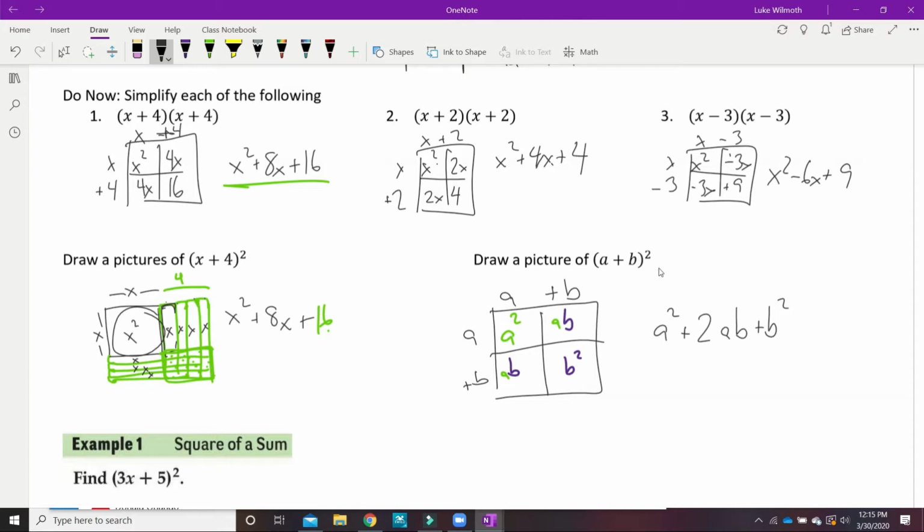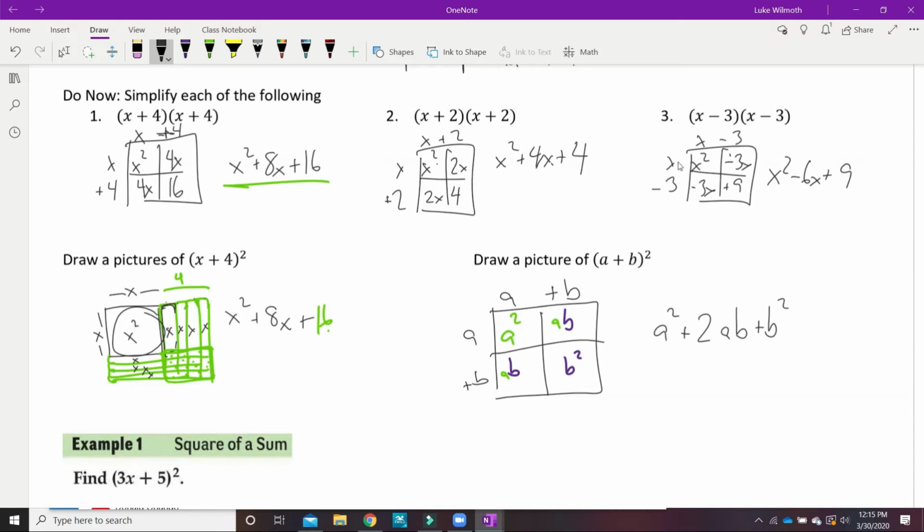And that's the pattern for every single one of these problems here. So if I look at the do now problems, it was x squared plus, well, b squared would be the 4. 4 squared is 16. So I've got x squared plus 4 squared. And then do I have 2ab's here? Well, an a is an x and a b is a 4. 4x, I've got 2ab's here.